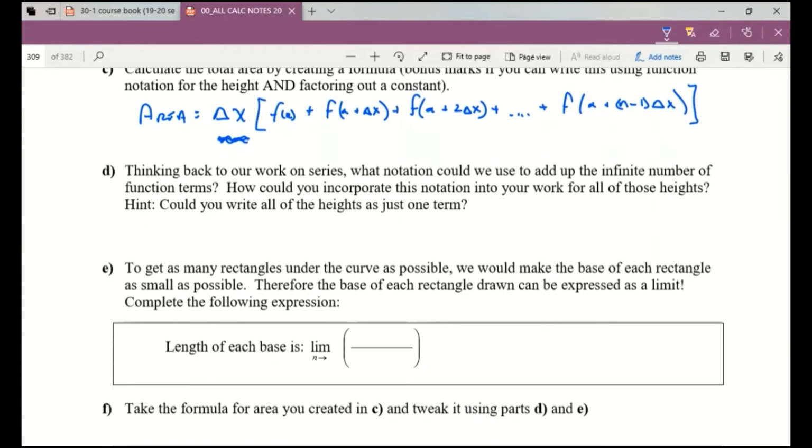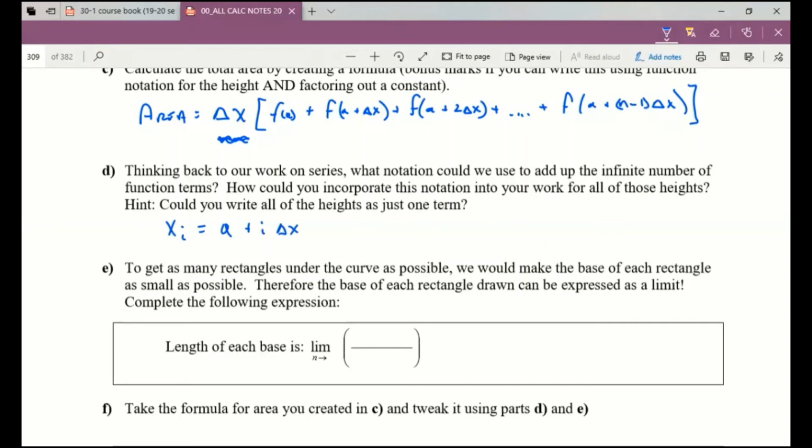In part D, thinking back to our work on series, what could we use to add up the infinite number of terms? How could you incorporate this notation into your work for all of those heights? So what we end up with, each of the x values, ends up being x sub I. We start with A, and then we add I times delta x.